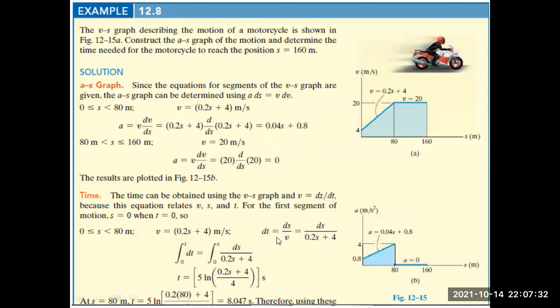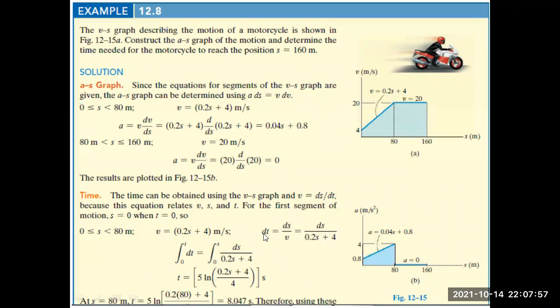Okay, so now I need to get the time. I have ds over V. What is V? I have V as a function of S, of course, and ds is the position, right? So ds over the function of V, which is this one.